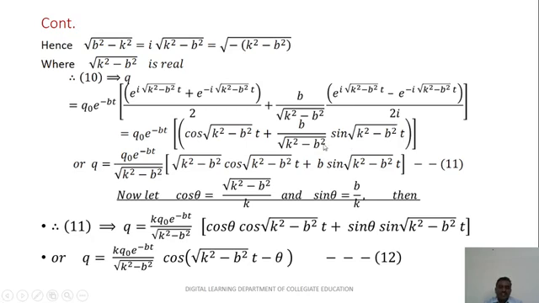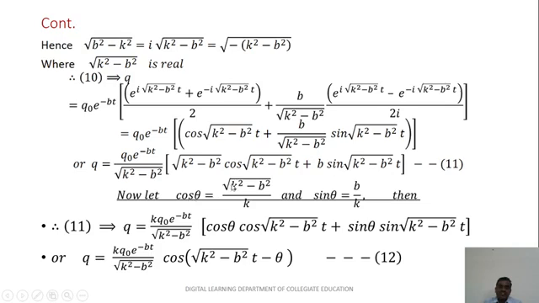So then you take root of k square minus b square outside the bracket, therefore q is equal to q naught e to the power of minus bt divided by root of k square minus b square into, root of k square minus b square into cos root of k square minus b square t plus b into sine root of k square minus b square into t.